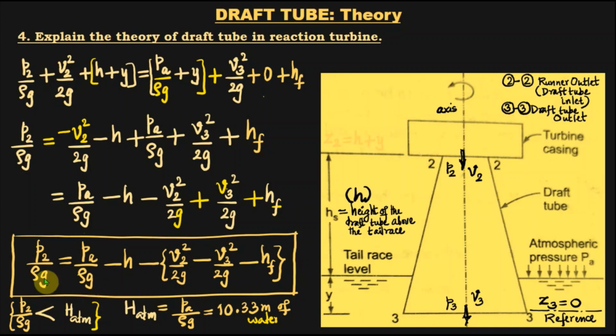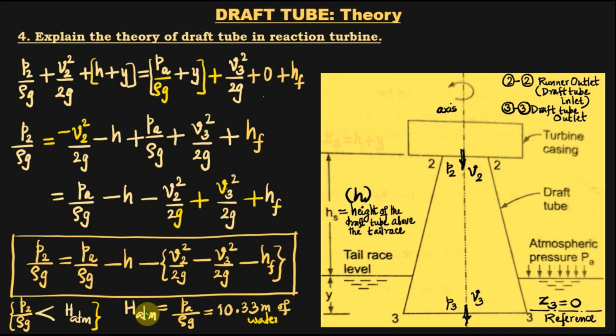Therefore this P2 by rho g is a vacuum head or negative head. So this theory of the draft tube clearly indicates the fact that the pressure head developed at the exit of the runner or the inlet to the draft tube is vacuum or negative pressure head.